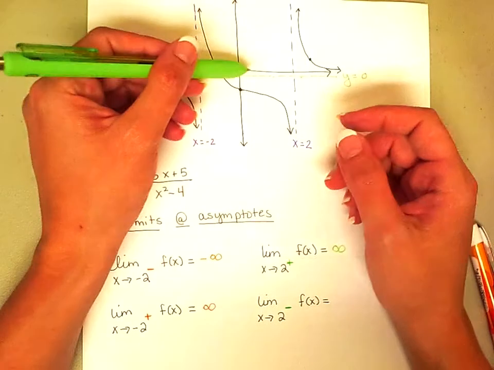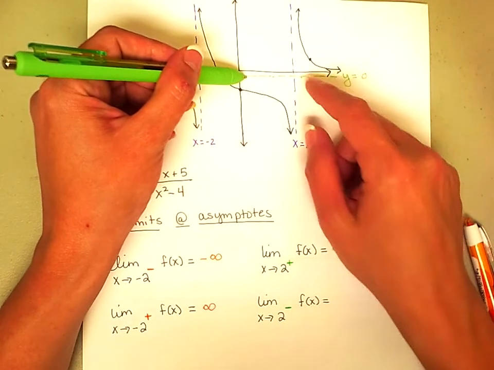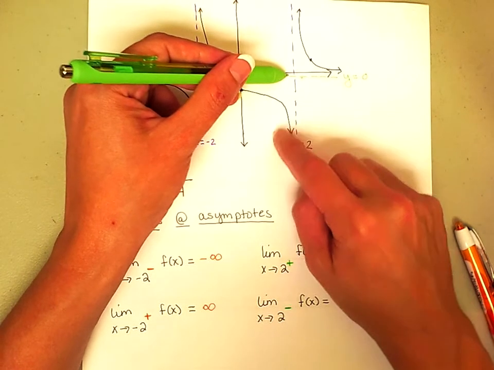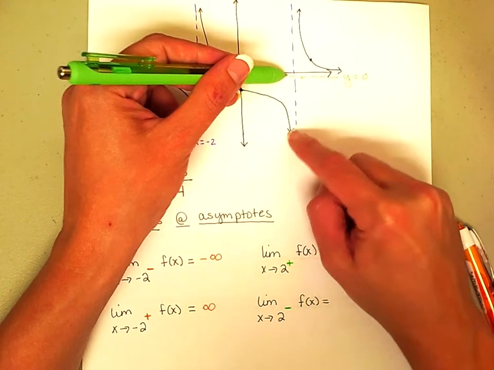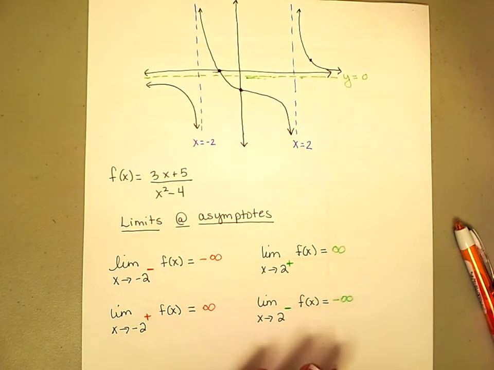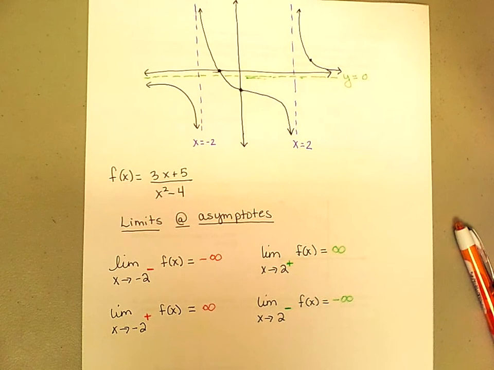So I start in here, don't cross the other asymptote, and as I'm approaching, the function is diving to negative infinity. So I hope this example gives you some clarity on how to read limits around asymptotes given a graph.